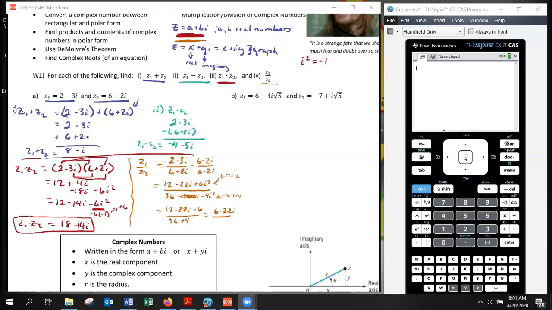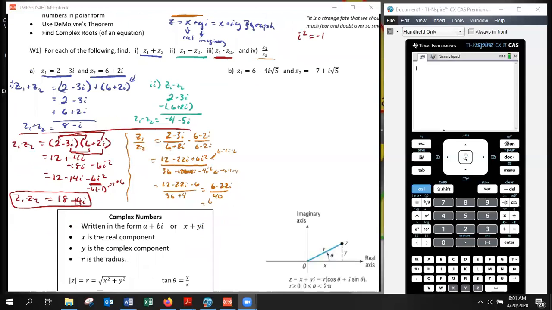Now, this still is not exactly the x plus iy or the a plus bi form. So we would write this as 6/40 minus 22/40 i. Of course, we probably should simplify that. I'm going to work down here. This would be 3/20 minus 11/20 i.